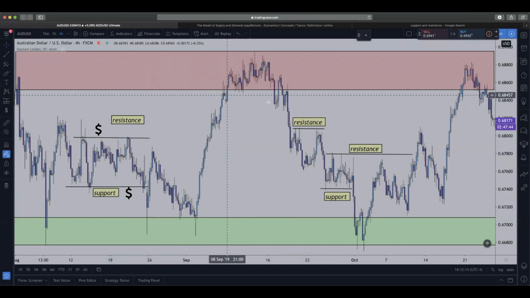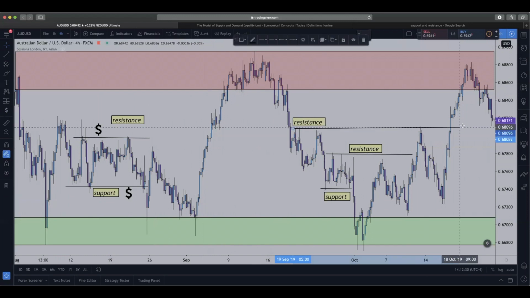Okay, so here we go. We reach the supply zone, right? There's a surplus of Australian dollars, so we gotta sell them off to balance out. But with the dollar, we create resistance here. So each time price gets here, we're gonna be selling.